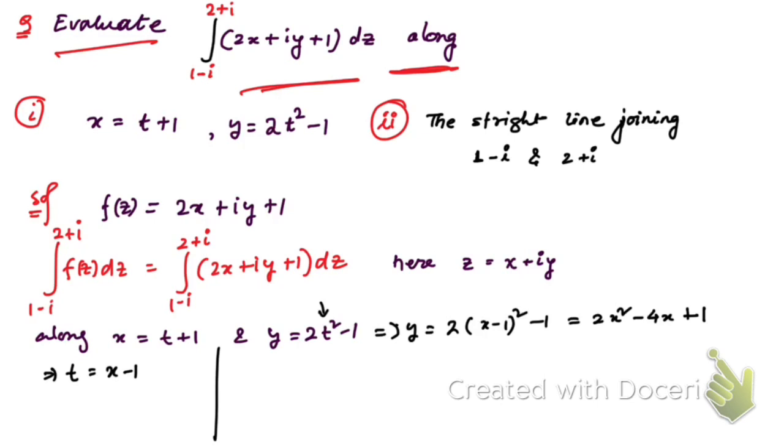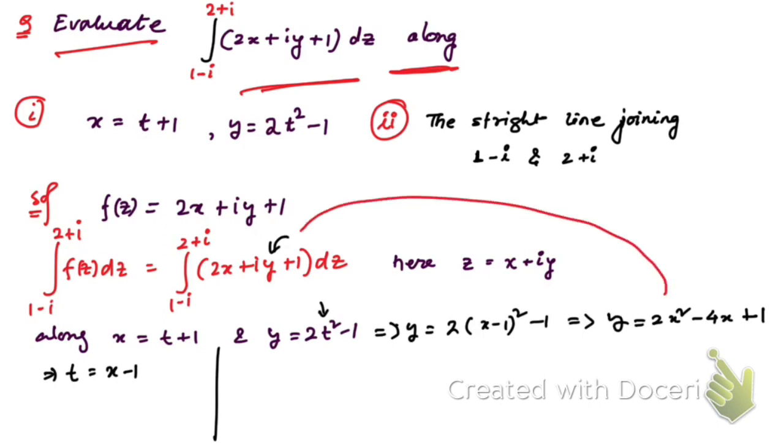So this is the value of y that we're going to have, right? Now we're going to replace this y by this value of y, right? So just put this value here.